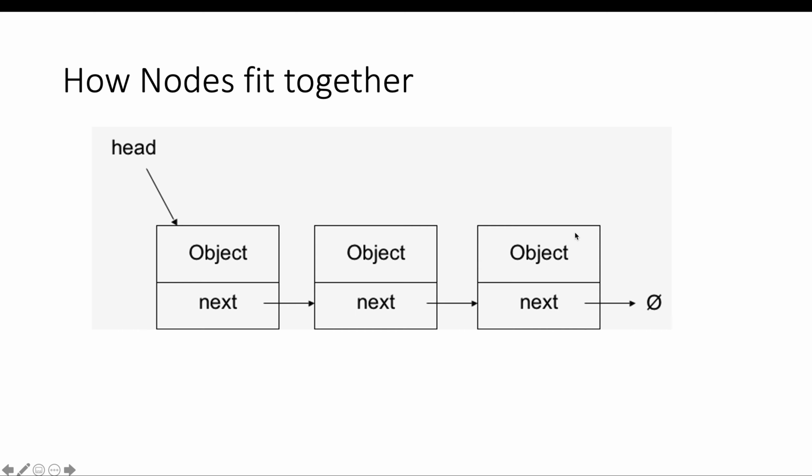Let's look at this. Okay, so I had nothing. I started with null. Let's say head was null. Head was pointing to this. Okay, and what I did was I created a node. And I said, okay, next now points to whatever head was.